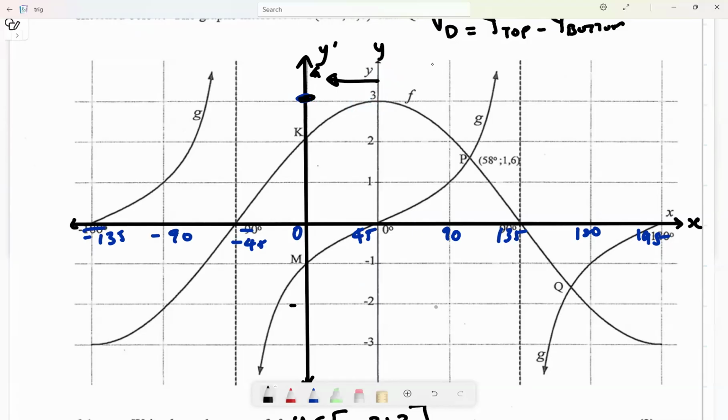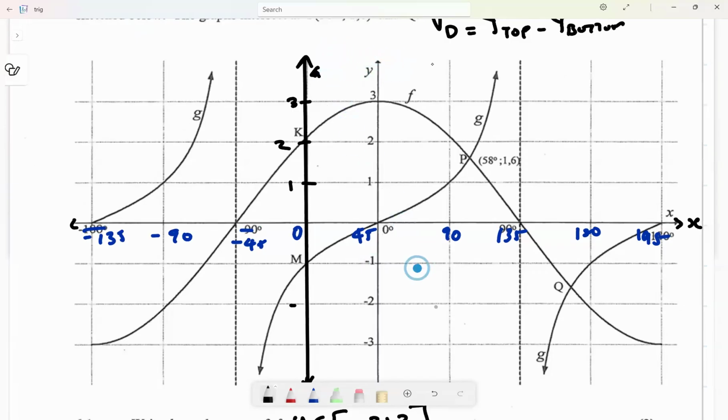Instead of having it here, it now cuts at, okay, this will be our new one. So instead of cutting here, it has changed to cut at this point, which is now 45 degrees towards the right.